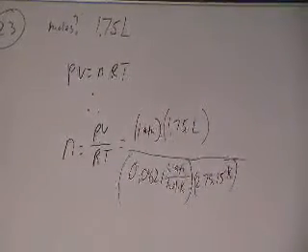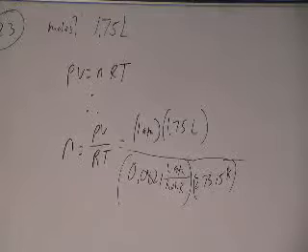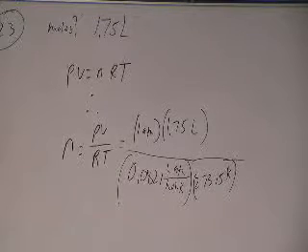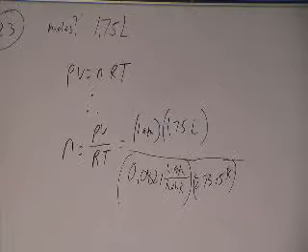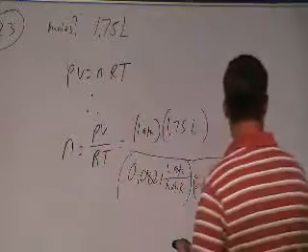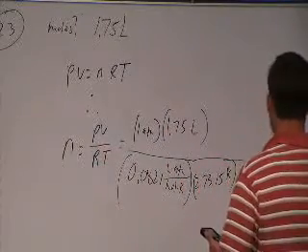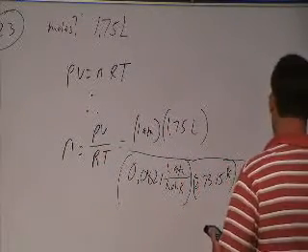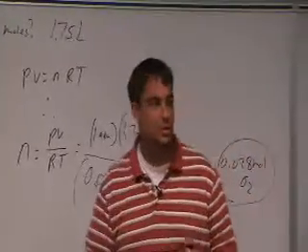Okay, 1.75 divided by 0.0821 divided by 273.15 equals, yep, I did that, 0.078 moles of O2. Wonderful, she's using units.